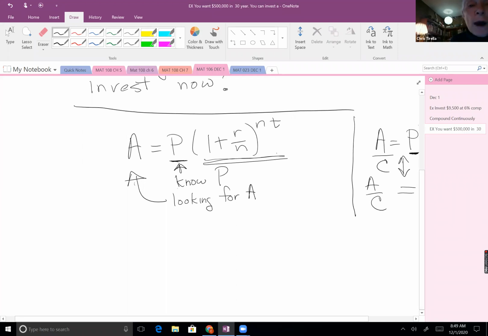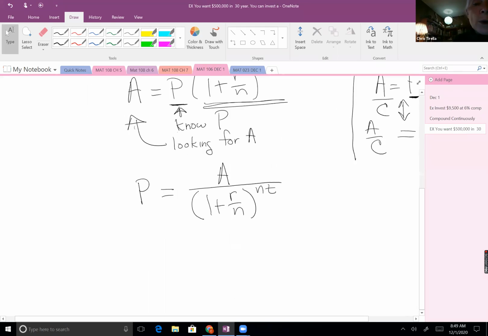If we divide both sides by that expression, we would end up with P equal to A divided by the quantity we were multiplying P by, 1 plus R over N to the NT.